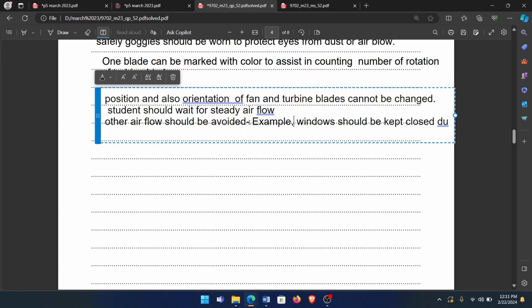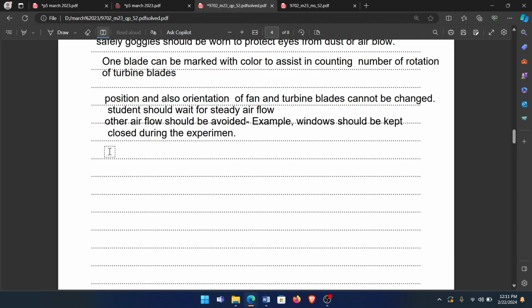As for example, okay, kept closed during the experiment. I think enough D points are already collected.